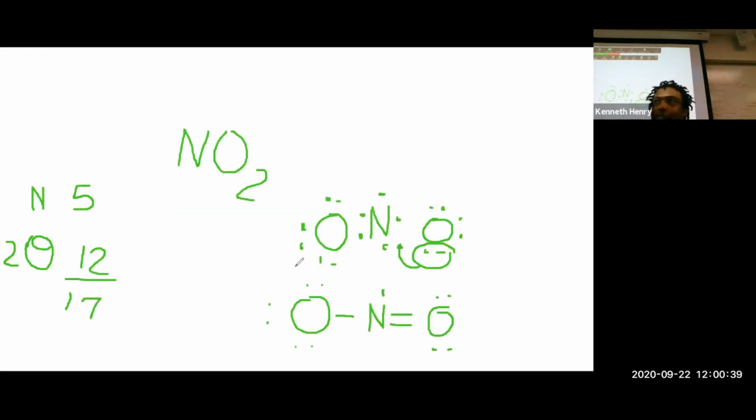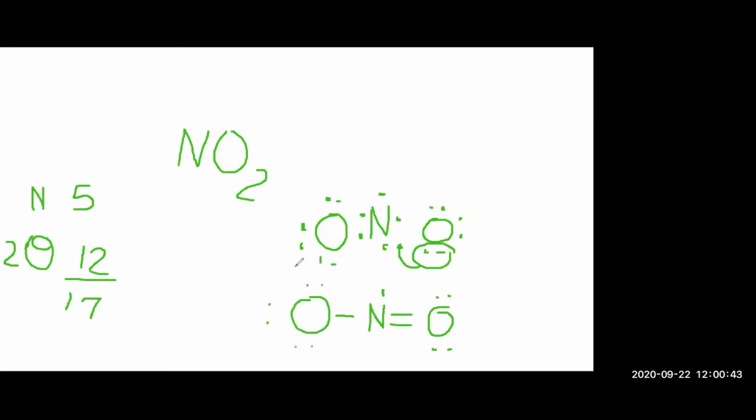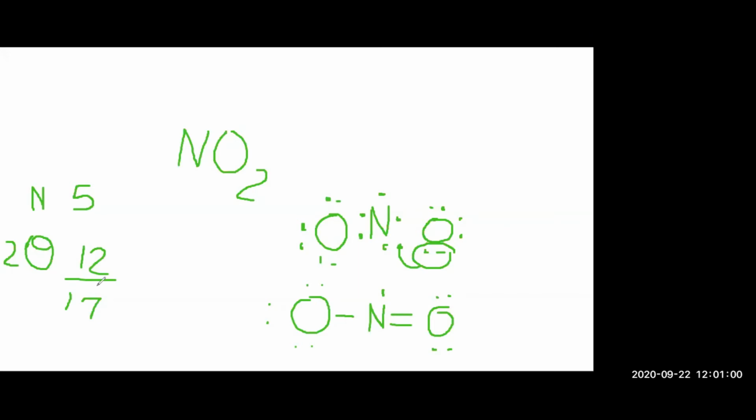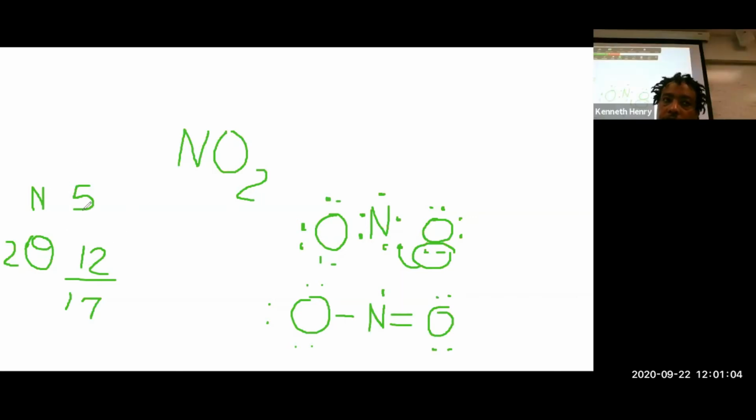Okay. Questions, concerns? Did everybody get that before I erased it? Dr. Henry, where did you get the number 17 for that part? Okay, because we have each valence electron that oxygen has. There's 2 oxygens. Each one has 6. 6 times 2 is 12, right? Nitrogen has how many valence electrons? 5.